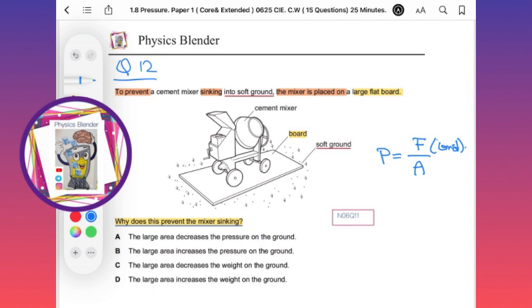So we are trying to decrease pressure by increasing the contact area or base area. Again, why are we doing this? The weight will be spread over greater area, and this will allow the pressure to be decreased. The correct answer will be A.